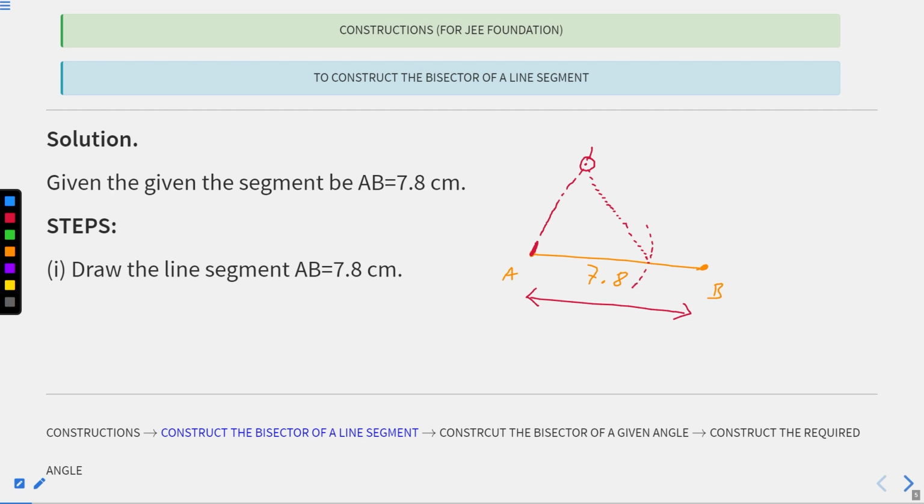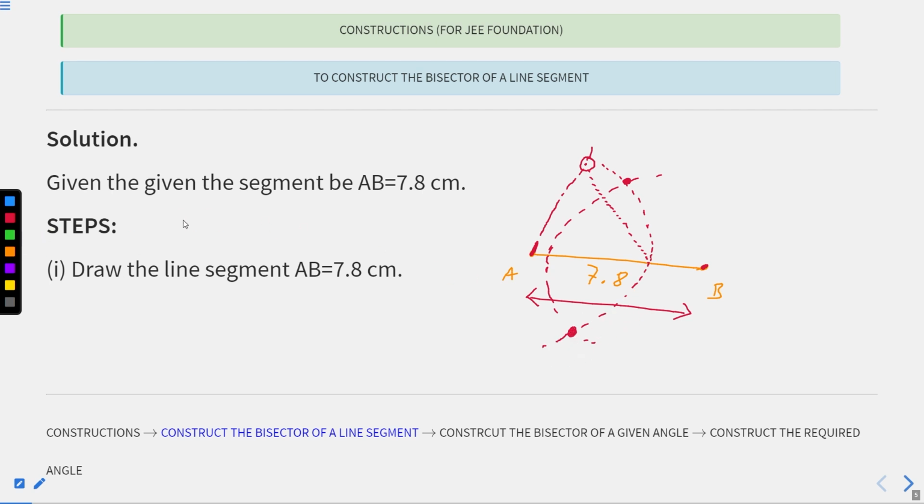Now with the same compass length, we take B as our center and make another arc. The arcs intersect here, and also below the line there is another intersection.